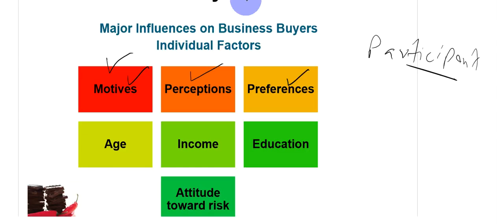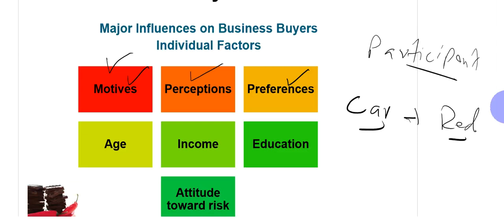Let me give you an example. If I want to purchase a car in red color, then I will not prefer the engine of the car, I will not prefer the interior of the car.